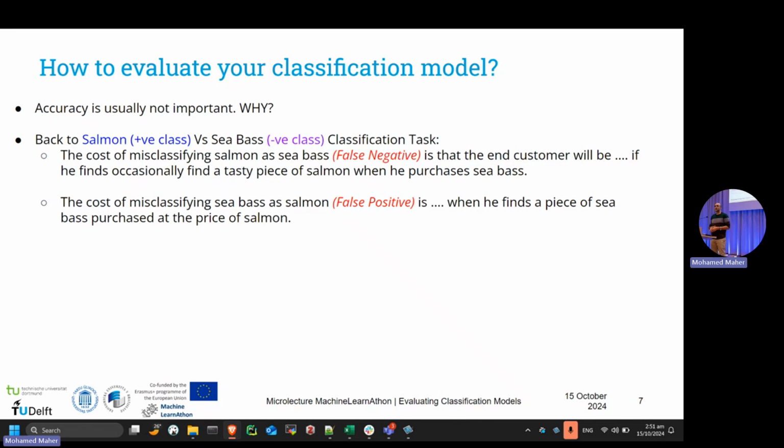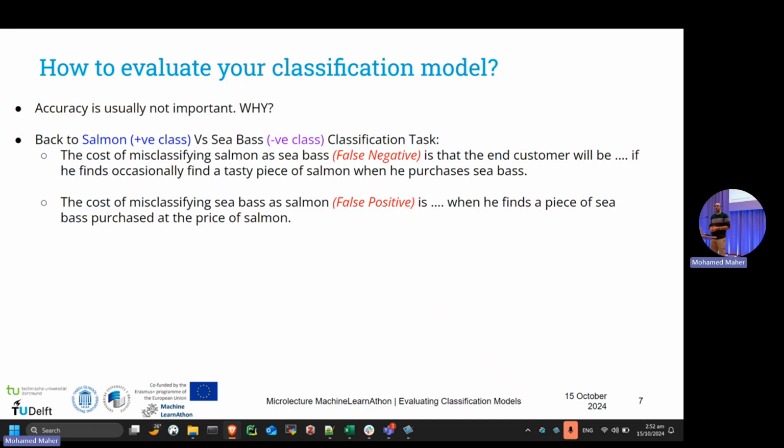So the cost of misclassifying a salmon as a sea bass, which is a false negative, is that the end customer will find salmon in the can of sea bass. If the customer finds a tasty piece of salmon when he purchases a sea bass, he will not be angry but very happy at finding this tasty piece in the can of sea bass. He actually can buy another can of sea bass because he found a salmon, which is costly or has a higher price.